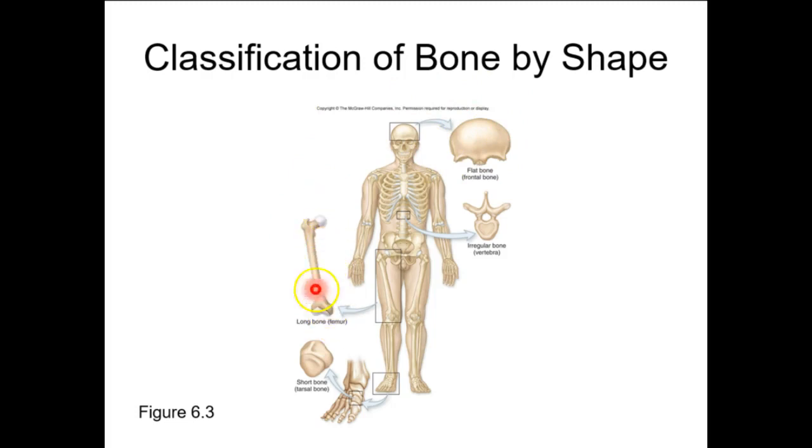Bones of the appendages tend to be long bones. Your carpals and your tarsals of your ankles tend to be short bones. And then things like your vertebrae tend to be irregular, among others as well.